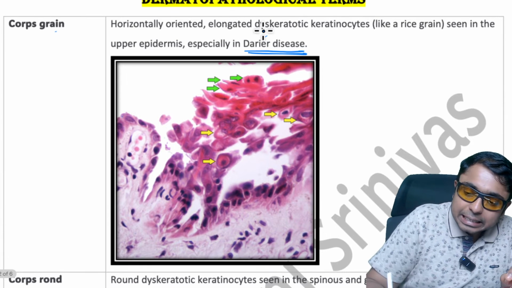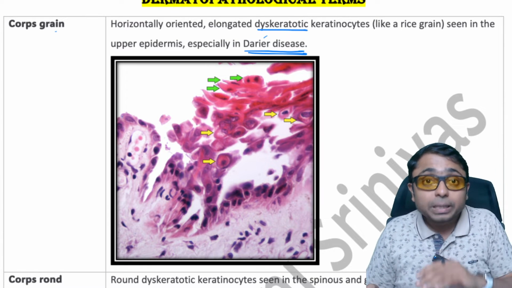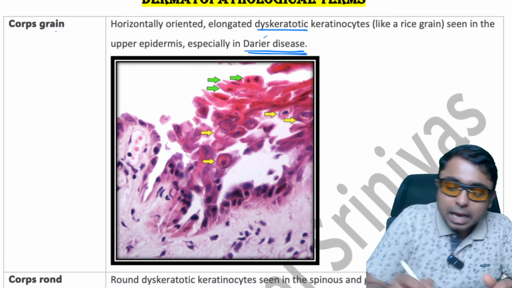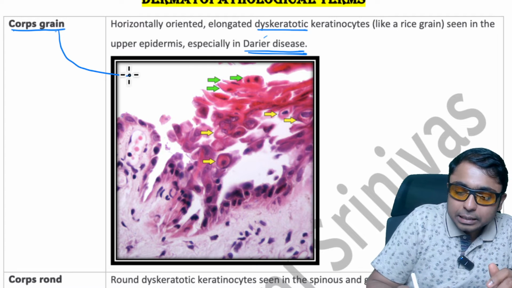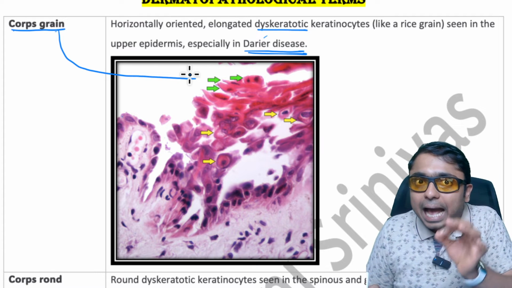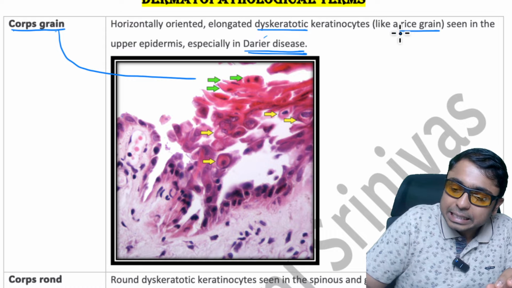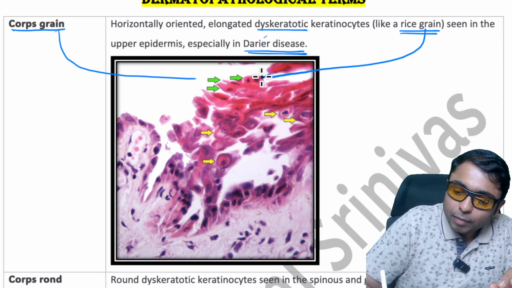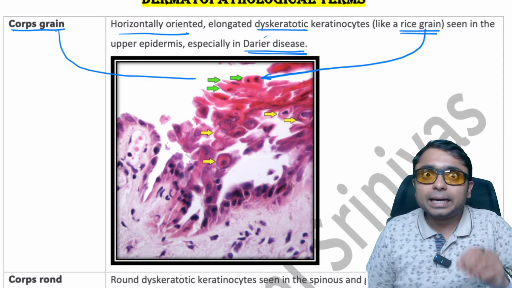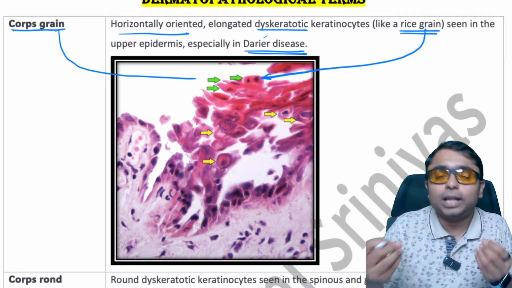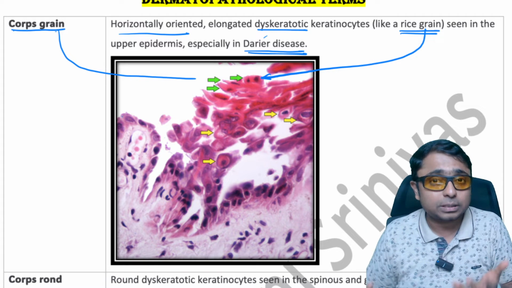call these dyskeratotic keratinocytes, which are present in the superficial layers, corps grains, as you can see here in the green arrow, which is depicting these rice grain-like horizontally oriented structures, which are called corps grains, dyskeratotic keratinocytes basically.